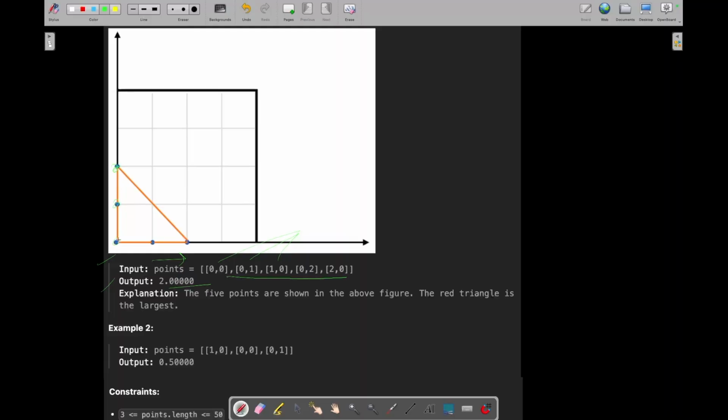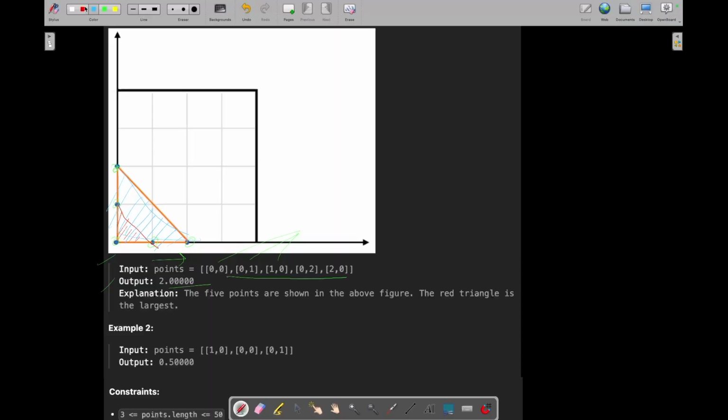Now you will need to return the maximum area of a triangle from any 3 of these 5 points. So one triangle could be this, right? One area is this. And one triangle could be this bigger one. Obviously the area of this triangle is going to be large, so we will calculate the area of this triangle and return it. Here we can see it in this image, or we can say in the graph.